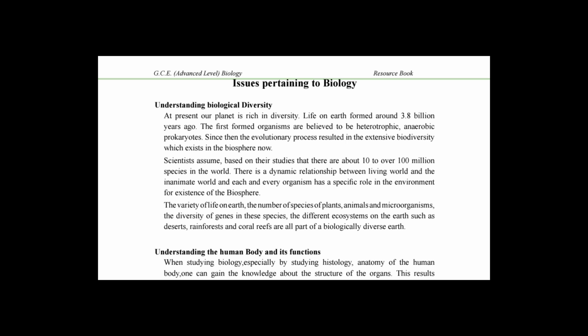There are so many living things. They are classified as animals, plants, and microorganisms. So there are a number of many organisms present on this earth. So therefore this planet is rich in diversity as well. Okay.